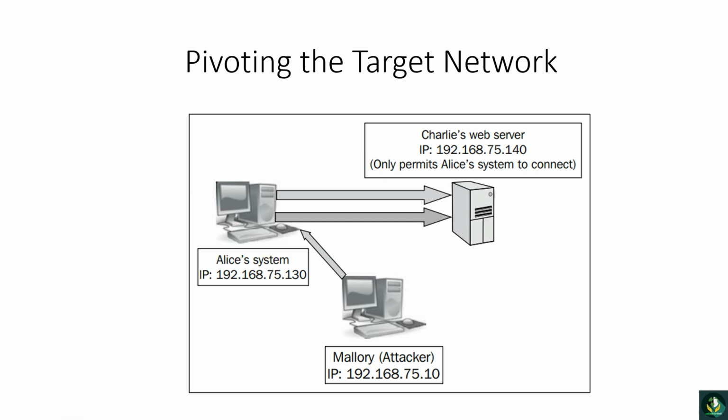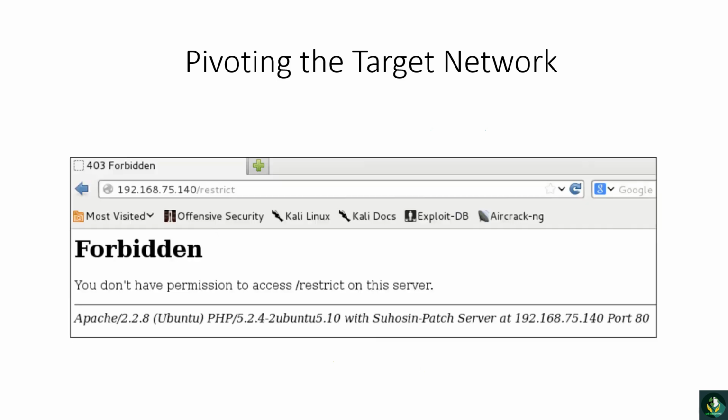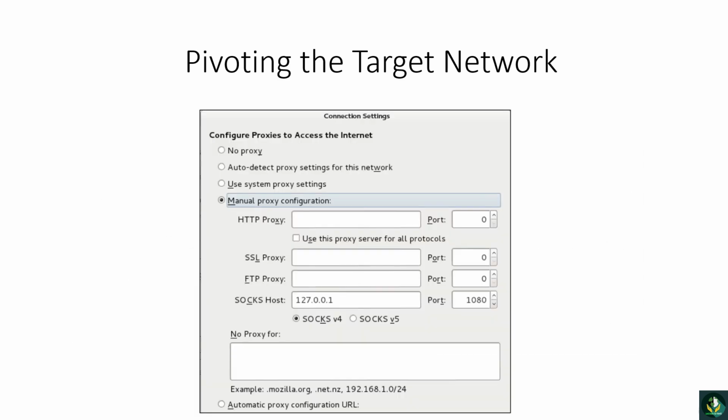So let's give you a summary. We started by compromising Alice's system. Then we added a route to the restricted web server from Alice's system through a Meterpreter installed in Alice's system. We set up a SOCKS proxy server, which automatically forwards all the traffic through the Meterpreter to Alice's system.